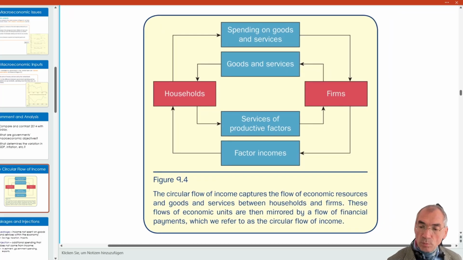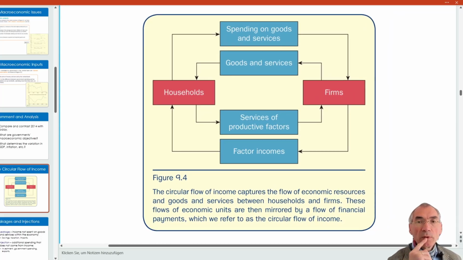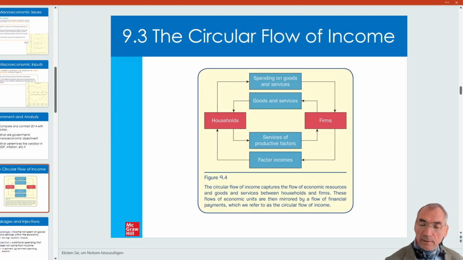We want to do both. We want to talk about the flow of goods and services, but at the end we are going to measure this flow by their value, and that value is mirrored in monetary terms. So let's do this circular flow of income stepwise in order to understand what happens here.